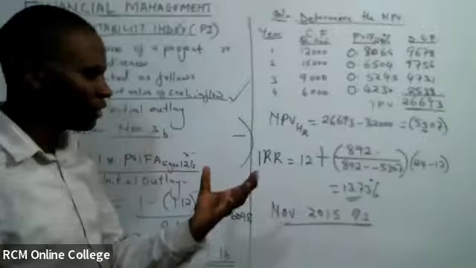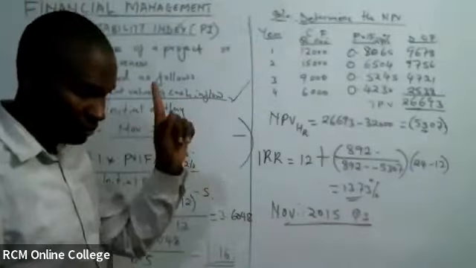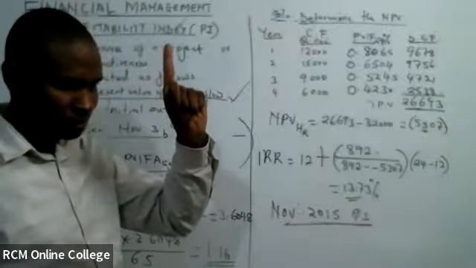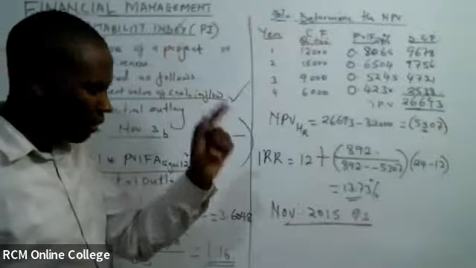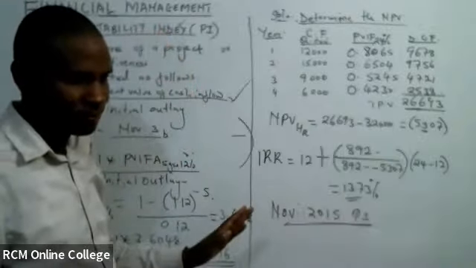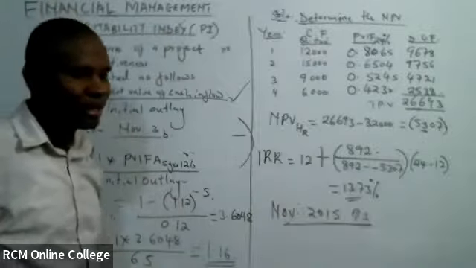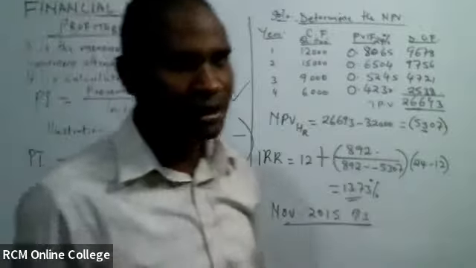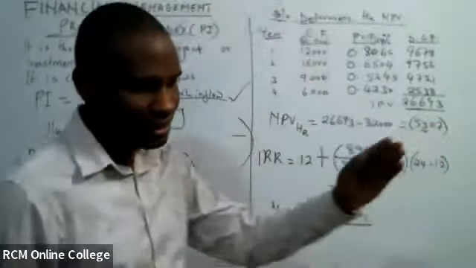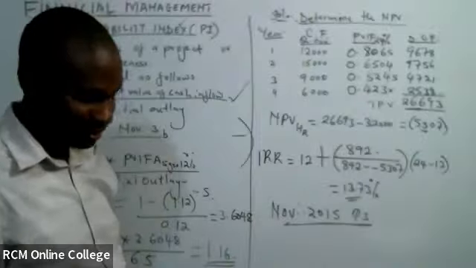That's why when interpreting we say, if the PI is greater than 1, accept the project. If the PI is greater than 1, accept. If it is less than 1, reject. If it is equal to 1, may accept. That's all, and we're done.